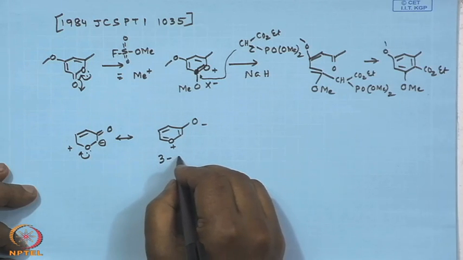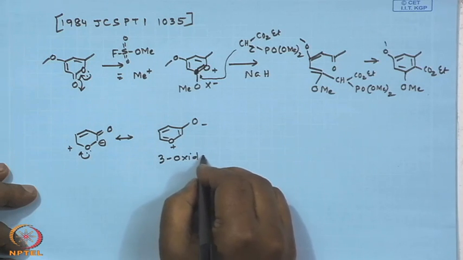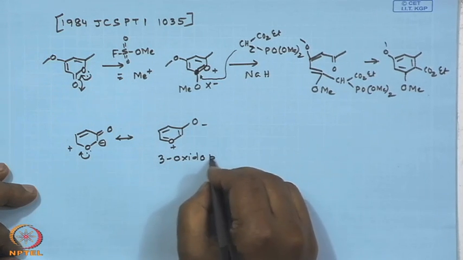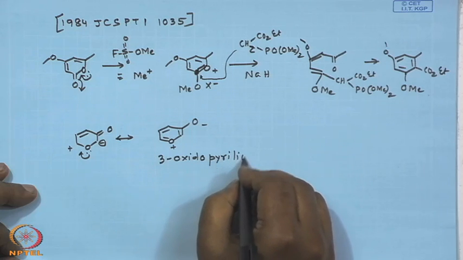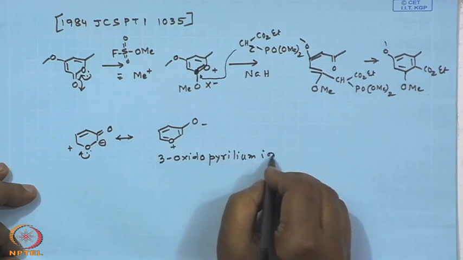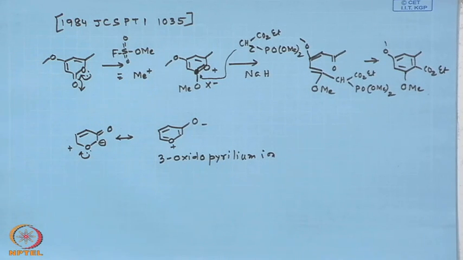And this sort of intermediates are known as 3-oxidopyrrylium ions, and they are very useful intermediates. There are 2 reasons.